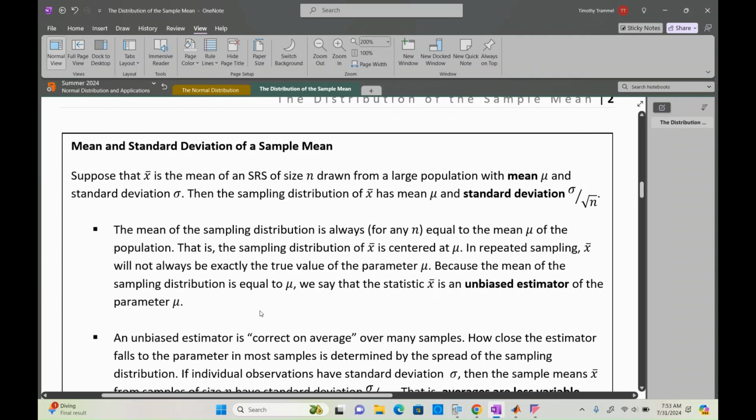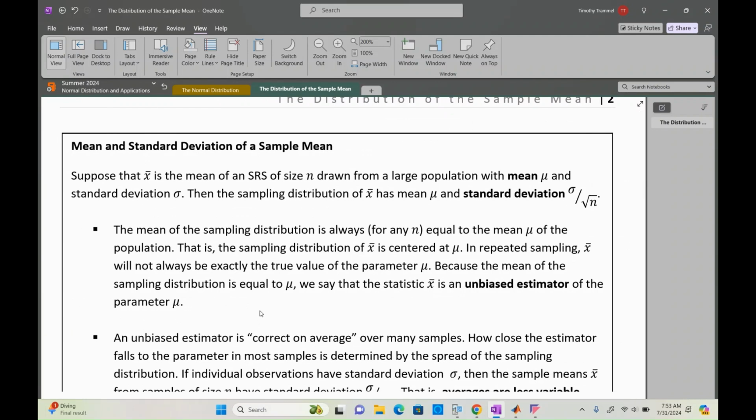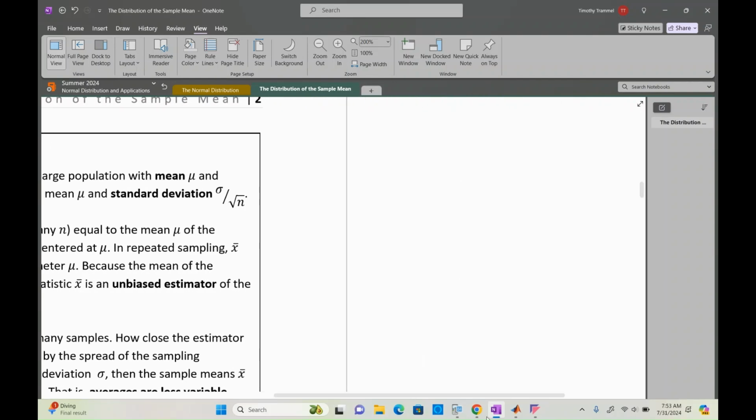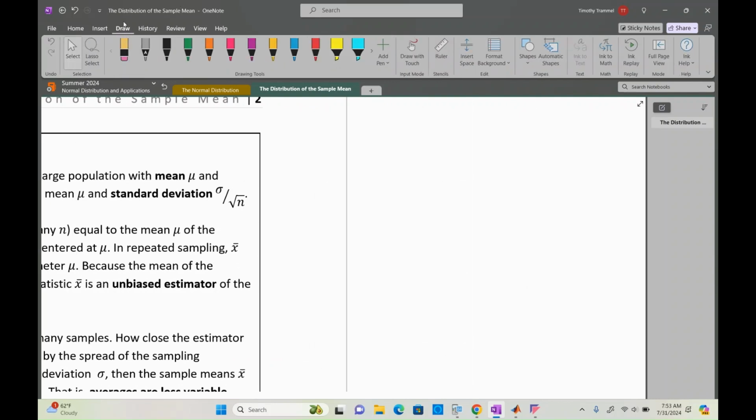But what we have at the very top, they're telling us what the mean and standard deviation would be for a sampling distribution of samples of size n. And so let's go record that over here in a little bit more compact way.